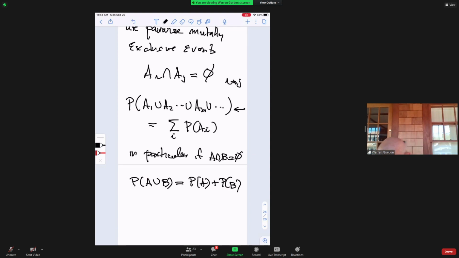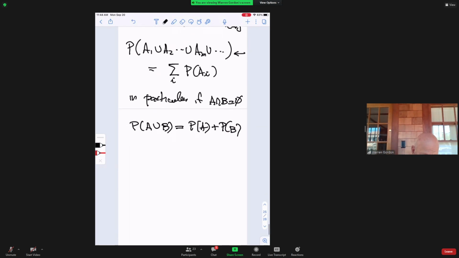Now, I want to make an observation along the way. I can write A as A union the empty set, and notice they have nothing in common.